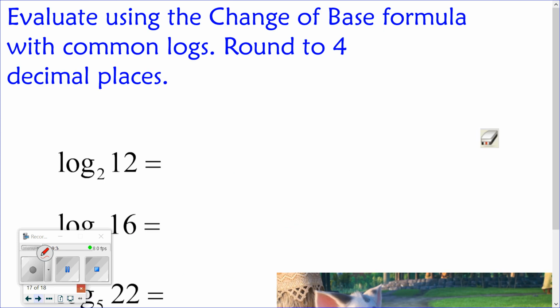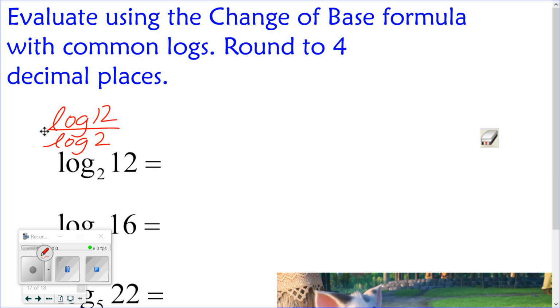So, evaluate using the change of base formula with the common log. So you're switching it so your calculator can do it. Round to 4 decimal places. So let's go ahead and try this. So log base 2 of 12. So what are you typing in the calculator? Good. Right, you type in log 12 divided by log 2.